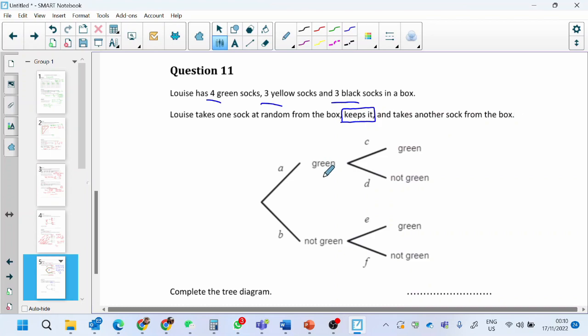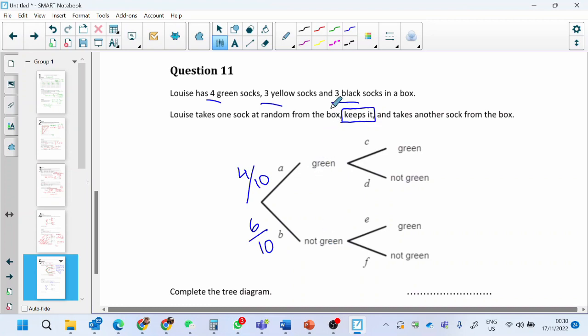Okay, so green and not green. So the probability of green is 4 out of total 4, 5, 6, 7, 8, 9, 10. 4 out of 10 is probability of green, and not green should be 6 out of 10, because the remaining out of this is not green.